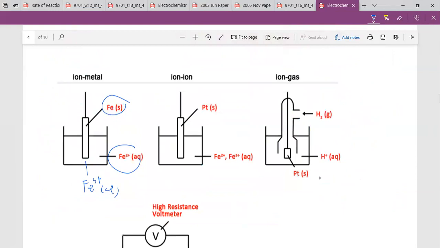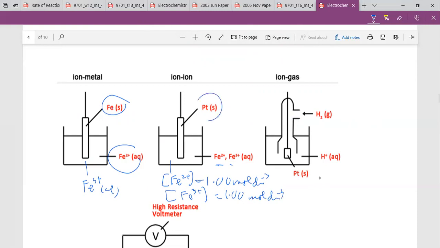So here is this system. I must have both of them, Fe2+ and Fe3+, each at 1.00 mole per dm cube, mixed together, iron(II) chloride and iron(III) chloride. Also 1.0, following the standard procedure.